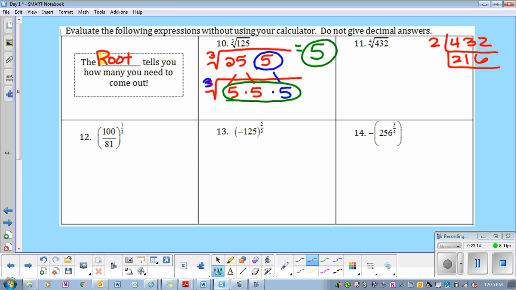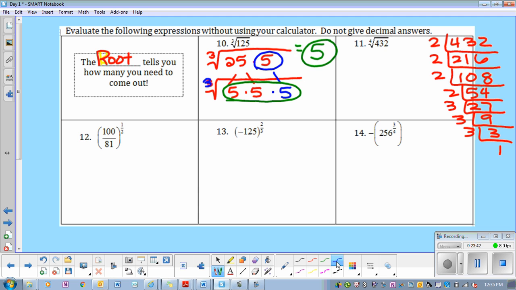You can just keep using your prime numbers to break it down. 2 again, and again 2. You can't do 2 here, you've got to do 3, so then you get 9, then 3, 3, and then 1, and then you stop, right?